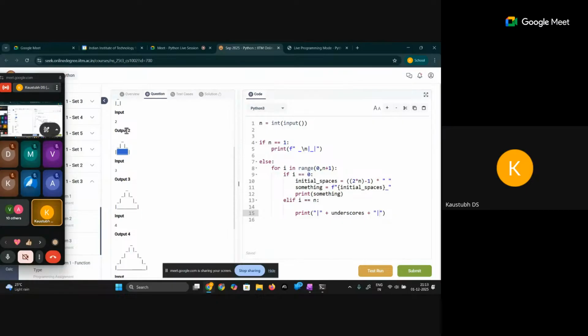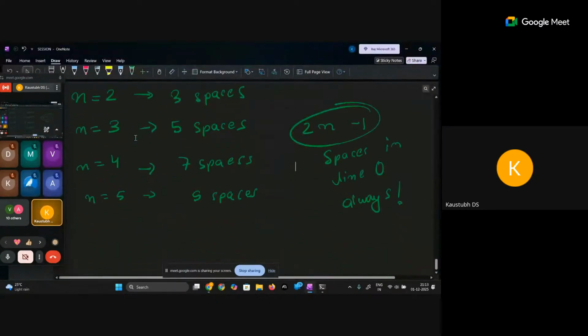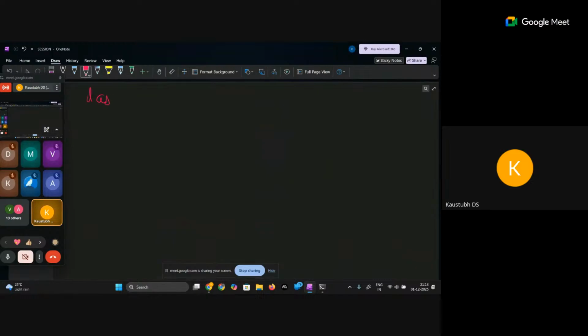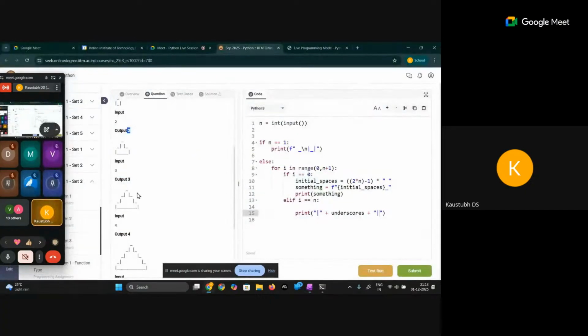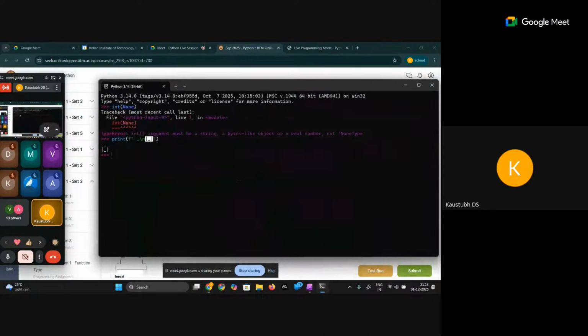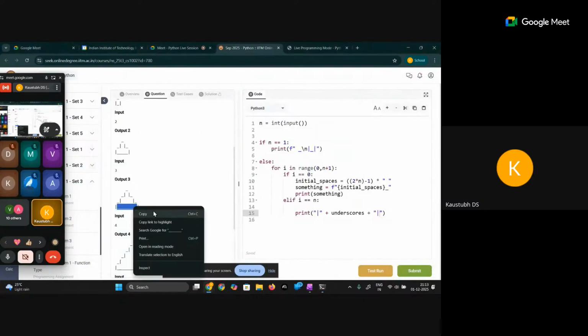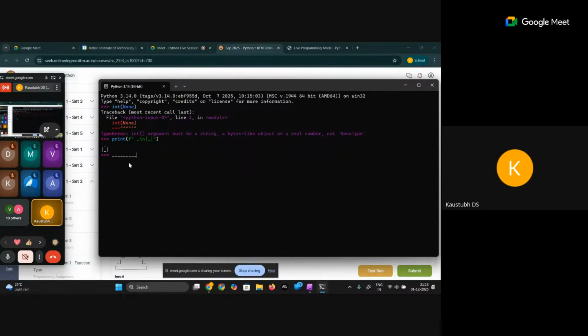For n equals 3, I'll just copy and paste here and count.